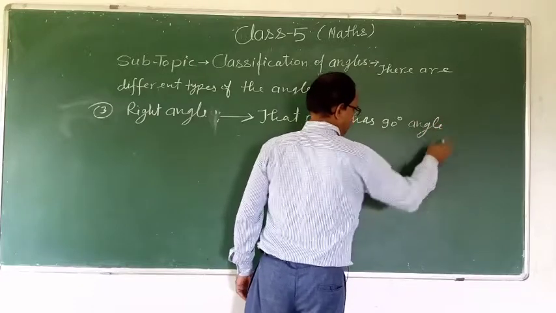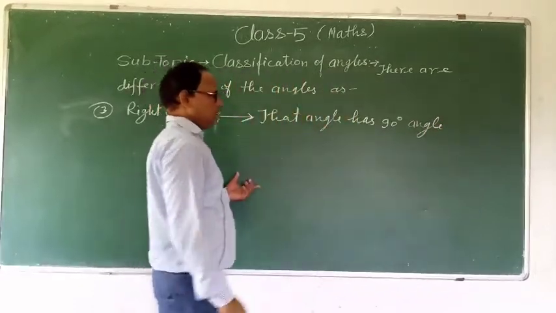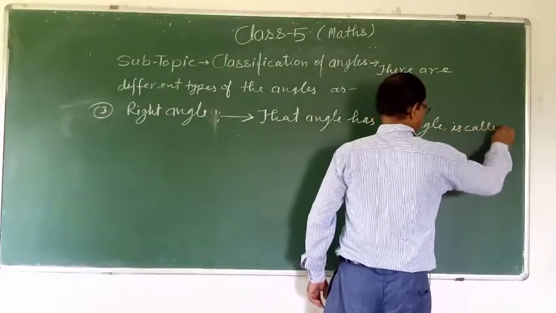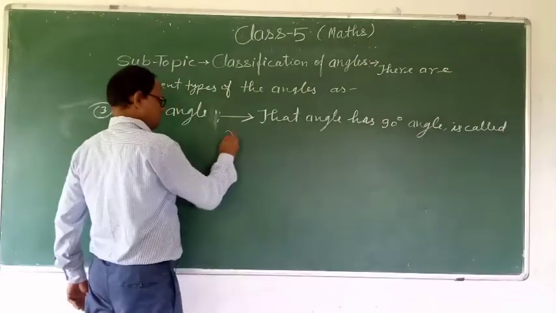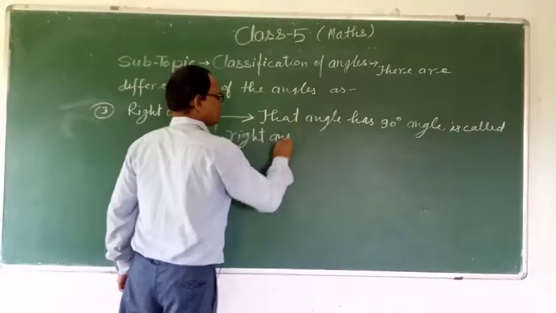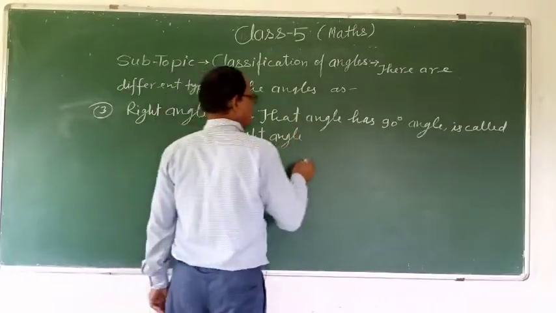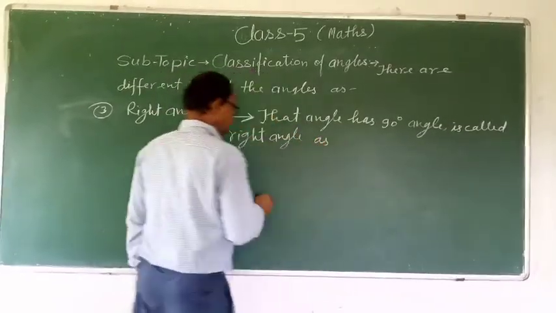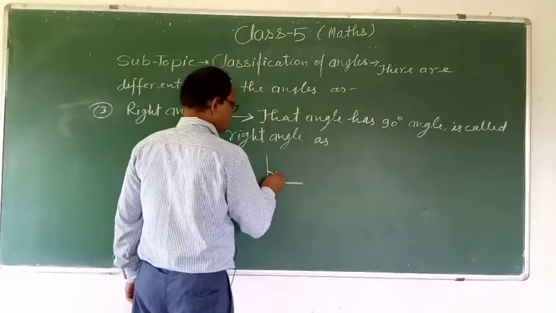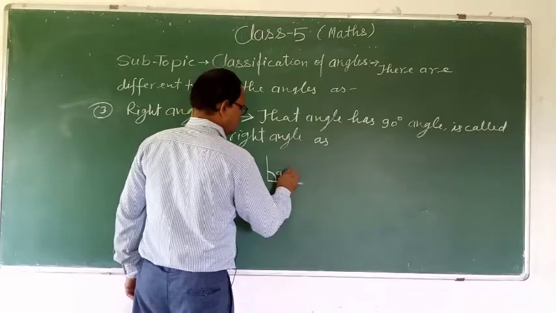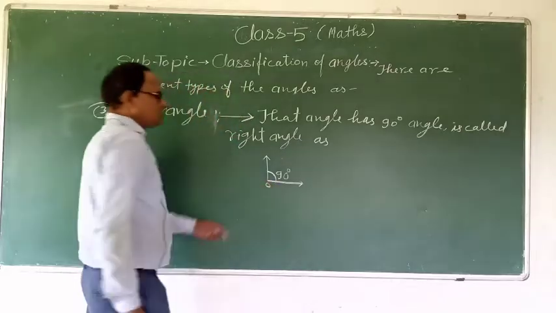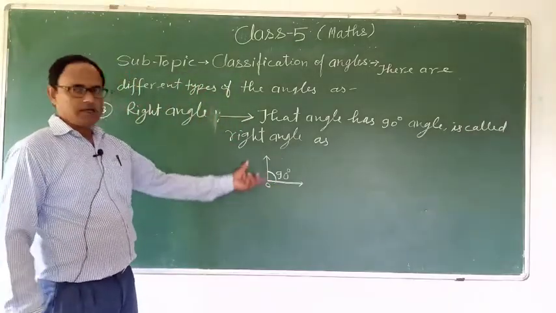A 90 degree angle is called a right angle. It is denoted by this symbol, which shows a 90 degree angle.